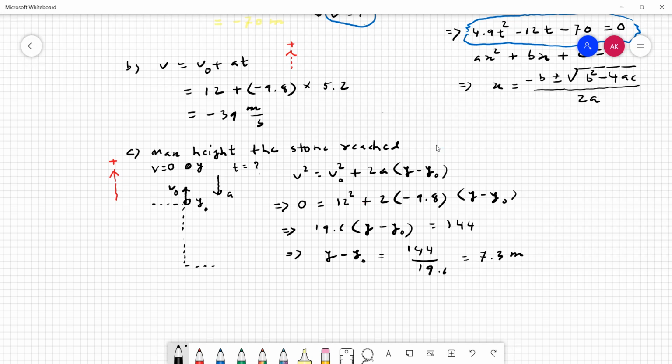So the total distance traveled by the stone will be how much? 7.3 plus 7.3 plus 70 meters, and distance is always a positive quantity. So you can find that one. It will be 84.6 meters.